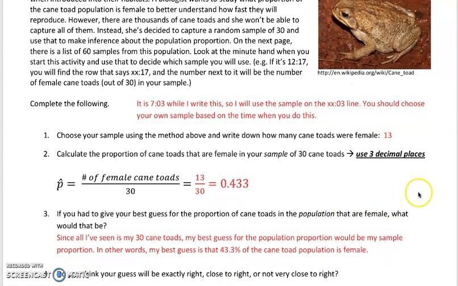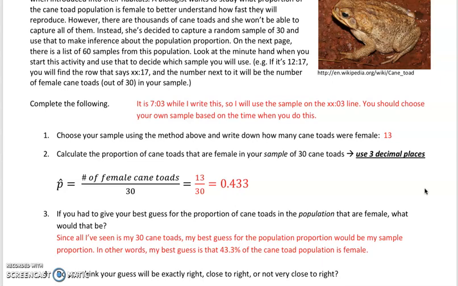Now, someone might say, okay, well, how good of a guess is that? Do you think it's exactly right, close to right, not very close to right? You might take some time to think about this. We've seen enough things throughout the class where we would probably be able to say it's probably not exactly right.